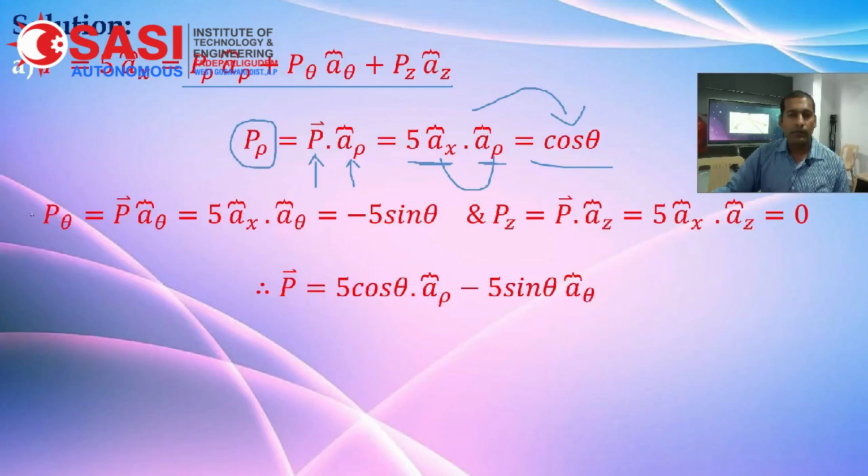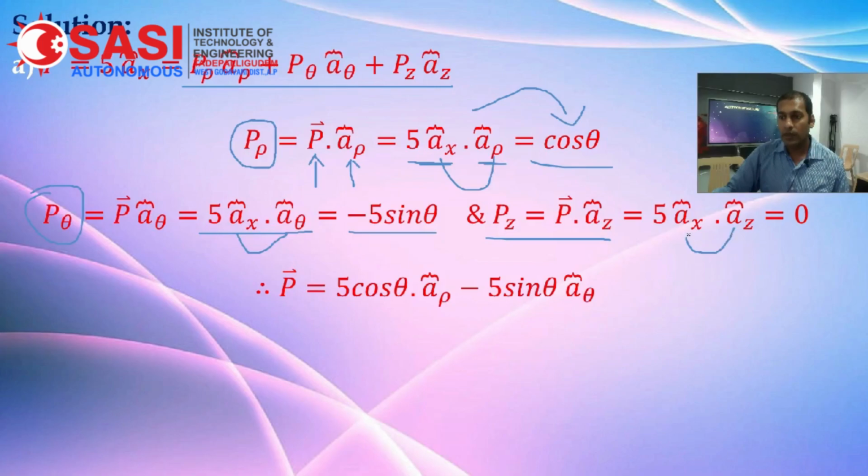Similarly, this is for P_r. Here we can take P_θ. For P_θ we have magnitude and direction, and again this dot product will give minus sin θ. So here we got minus ρ sin θ. And similarly P_z. But the dot product of a_x and a_z will lead to 0, so this term will not participate in the point P conversion.